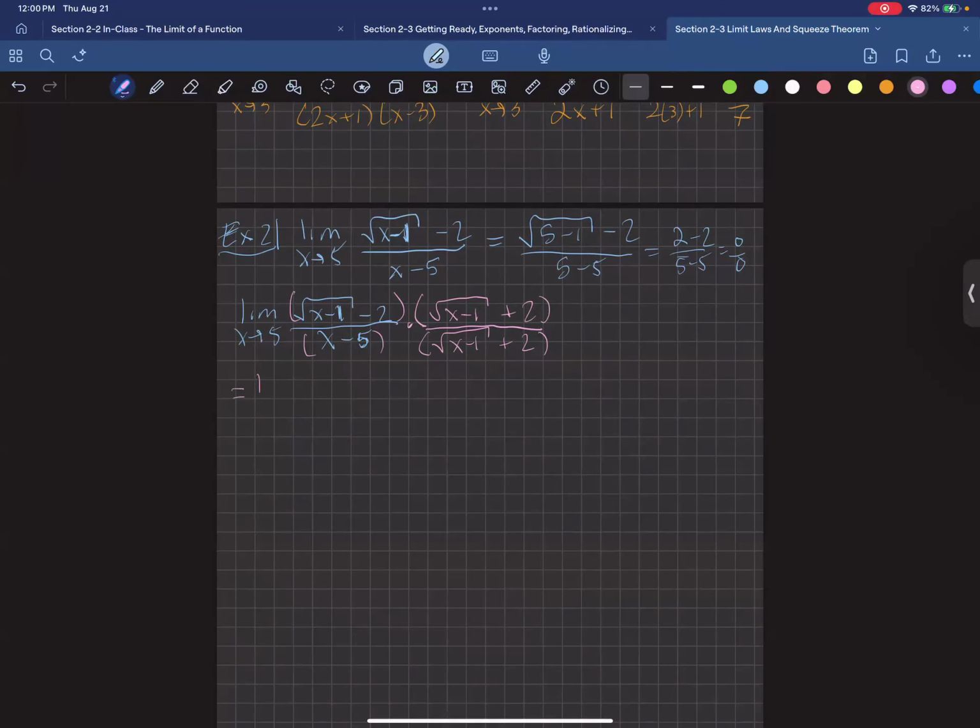So this ends up being limit as x approaches 5. I'm going to leave the stuff on the bottom factored out. We're not going to multiply it out. I know a lot of you kept wanting to multiply it out in class. Don't do it. The top turns into this because it's a difference of squares.